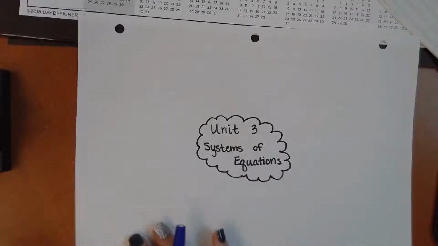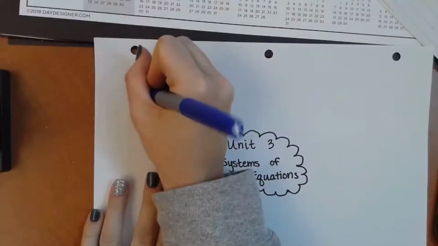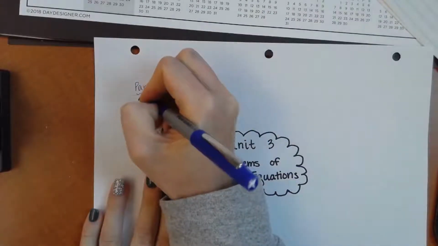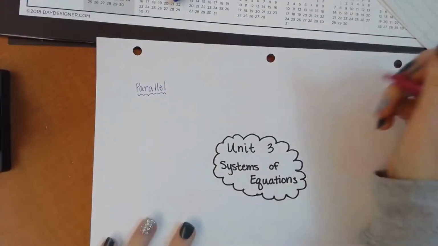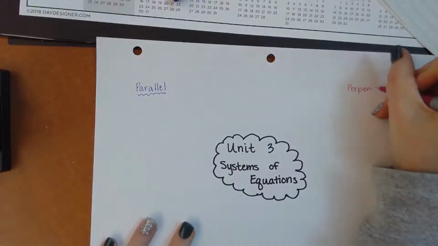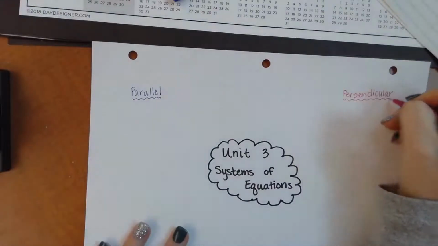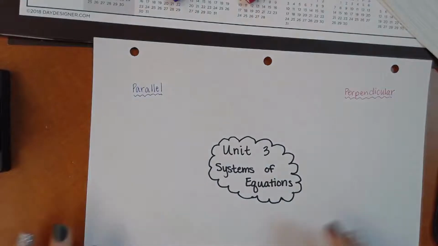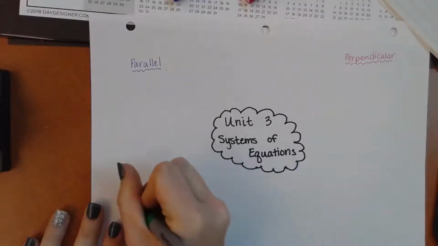So the first one is parallel. Then there is perpendicular. Okay, then there is intersecting.